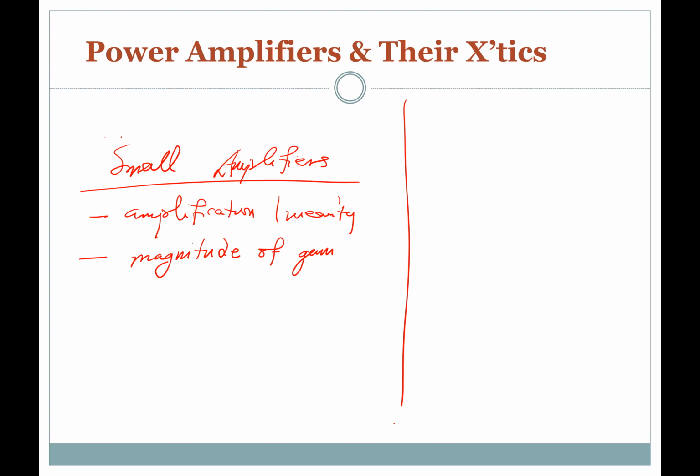Now, let's look at large signal amplifiers on the other hand. Since signal voltage and current are very small in small amplifiers, the amount of power handling capacity of these small amplifiers and the power efficiency are not usually of much concern.